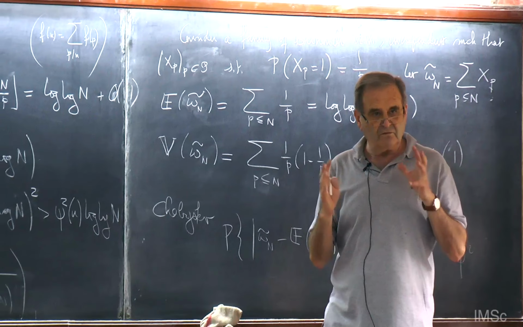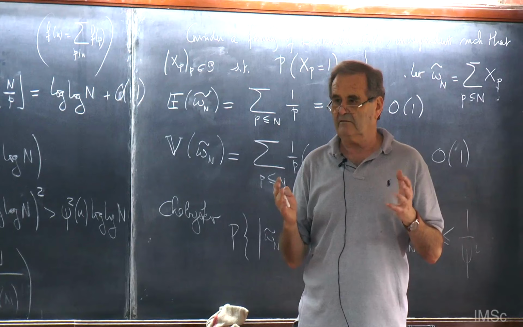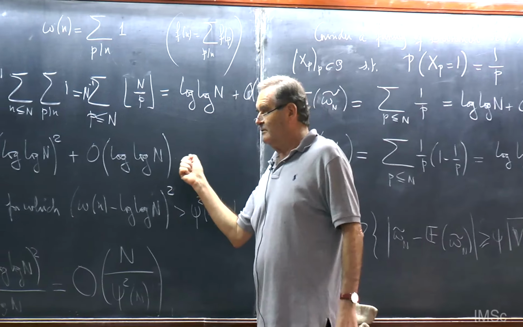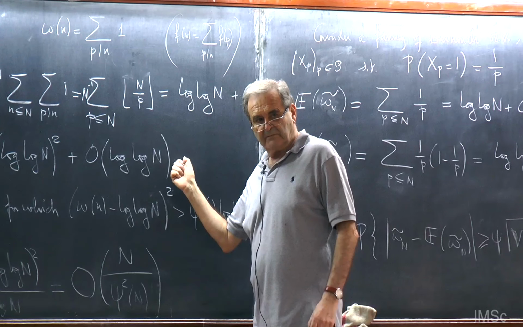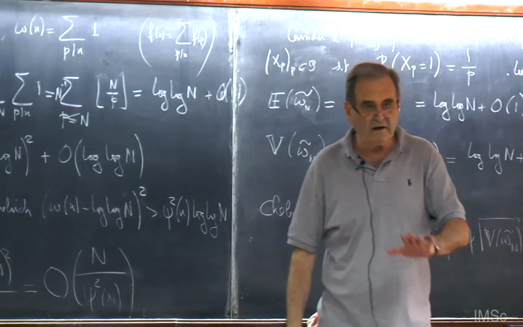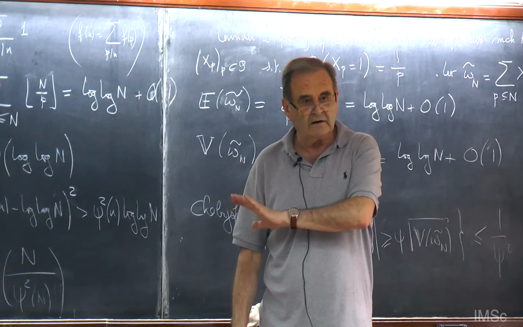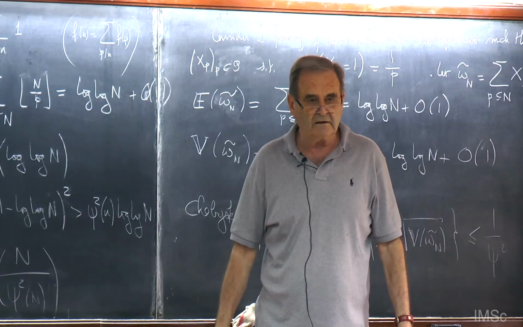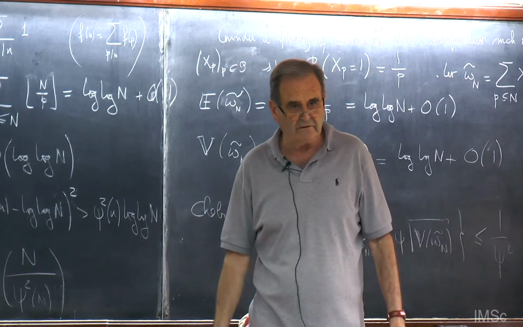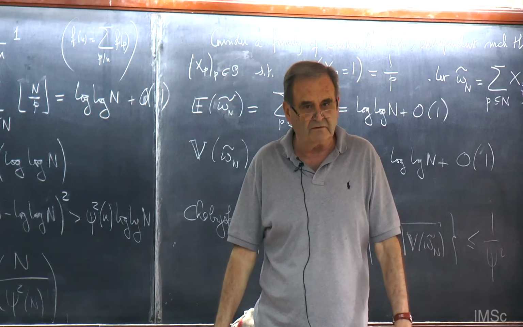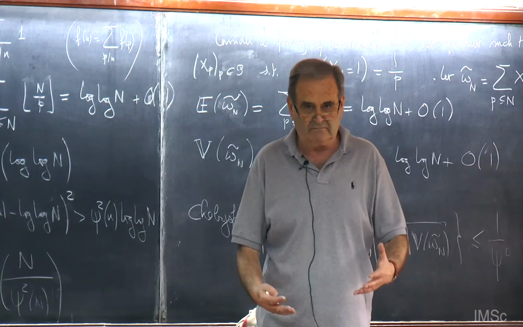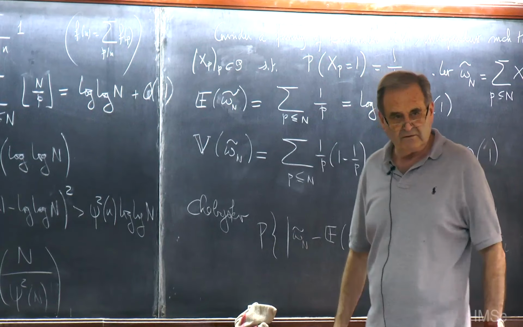Once you have this tool, you are very happy. You don't have to worry about the variance in real life. Turan-Kubilius tells you the variance in real life cannot be really worse than the variance in the probabilistic model, and in the probabilistic model it's easy to get. Of course, you have to work a bit to get this, but you do the job only once. And then you have Turan-Kubilius and you are very happy.